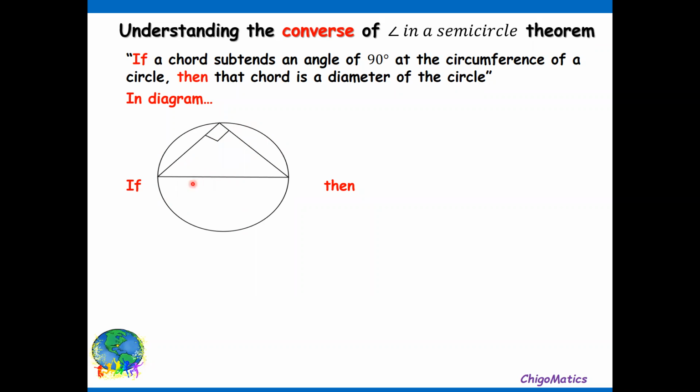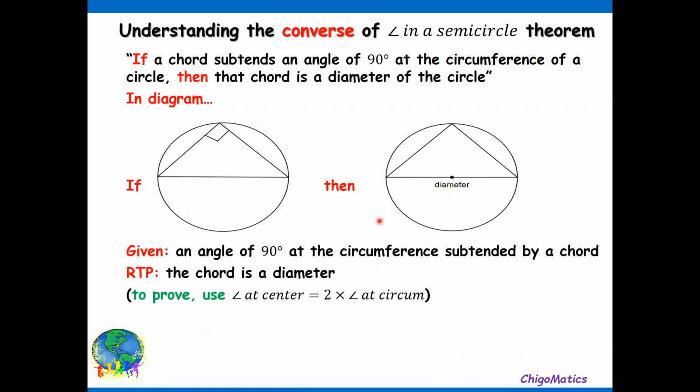So the conclusion now is the hypothesis. Angle at circumference is 90 degrees, then you can conclude that the chord subtending it is a diameter. The given represents the hypothesis, the required to prove represents the conclusion.